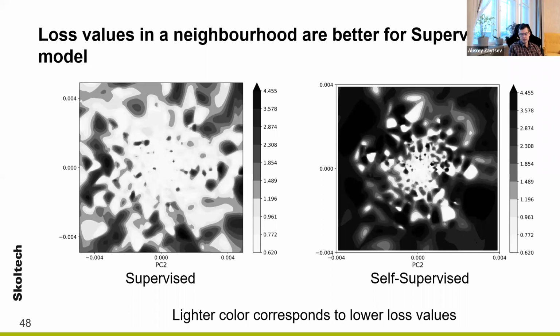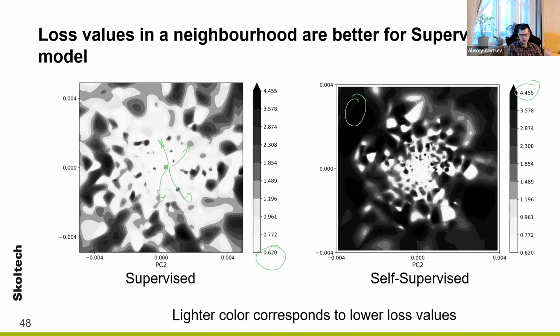And we observe similar behavior when we look at local optima and make not targeted steps, but random steps. On the left, we see the optimum in the center, and we make some steps in random directions, then project this figure using PCA. The whiter areas correspond to lower loss values, and the darker areas correspond to higher loss values.